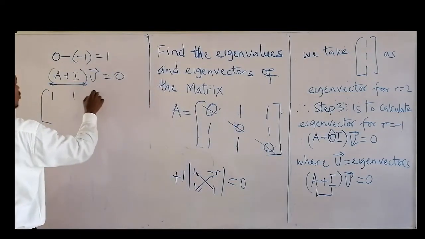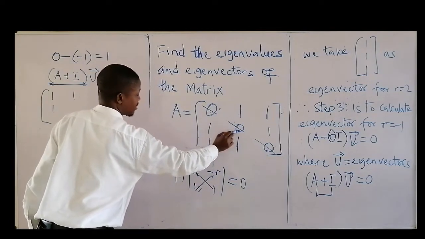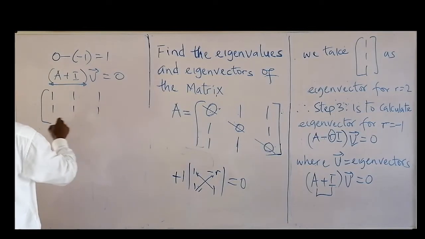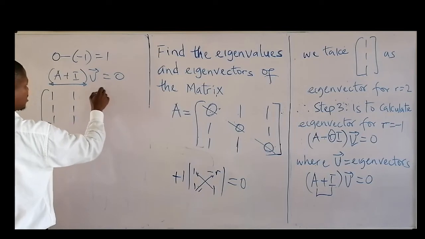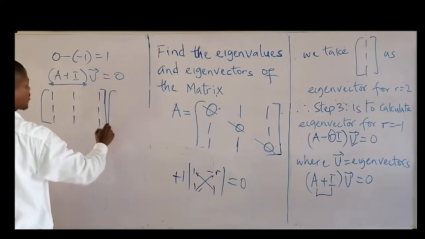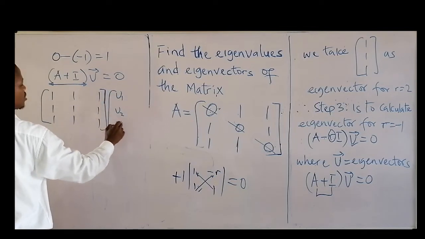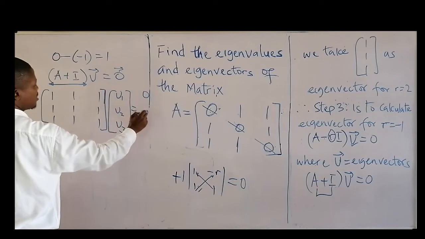So plus 1, plus 1, then 1. Here also, leading diagonal plus 1, plus 1, plus 1. Here also plus 1. Then you close the matrix. Then the components are U1, U2, U3, equal to 0, 0, 0.